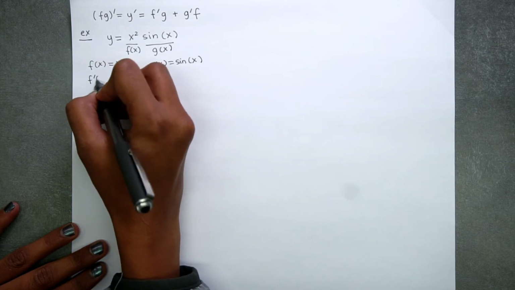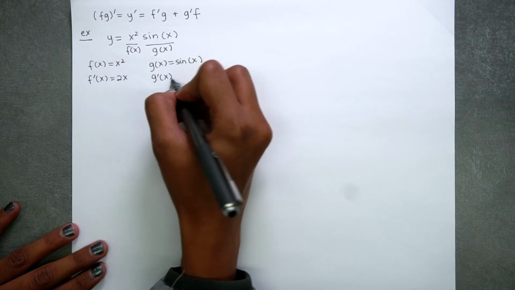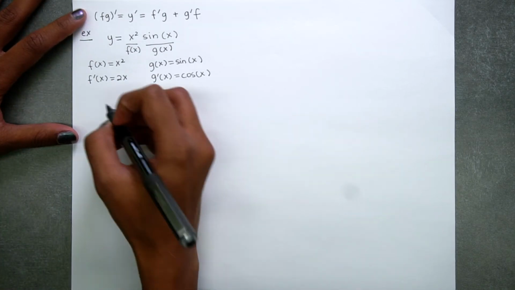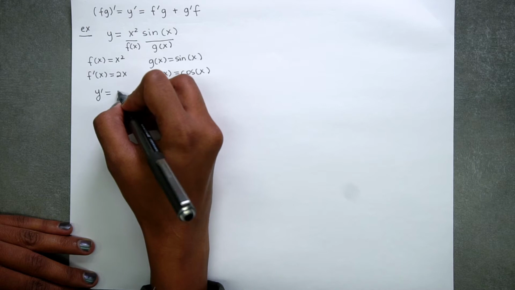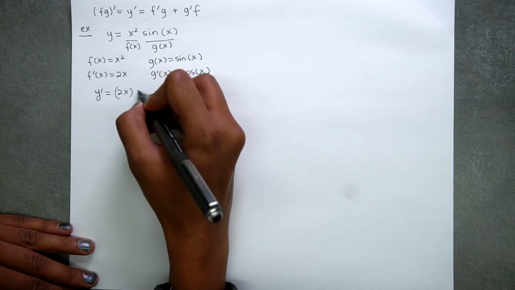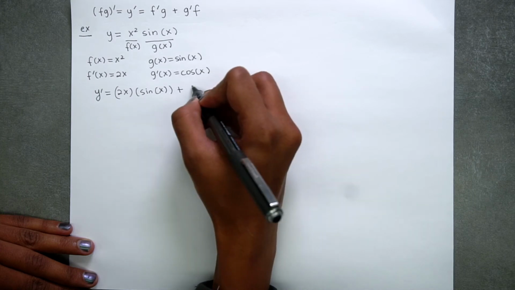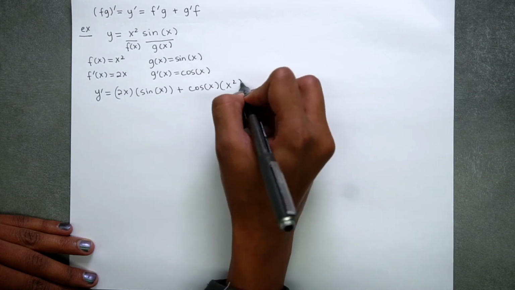And then f prime would be 2x, and then g prime of x would be cosine x. Now putting it together using the product rule, we get f prime, which is 2x, times g plus cosine x times x squared.